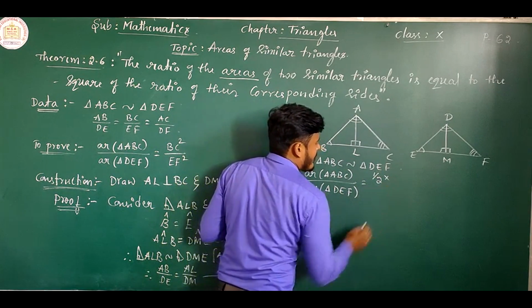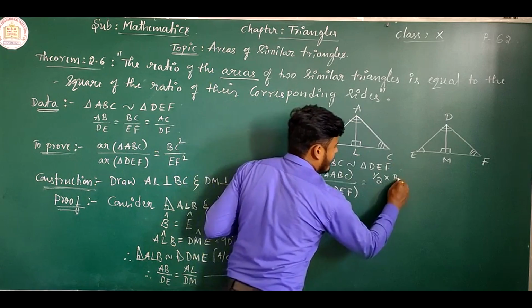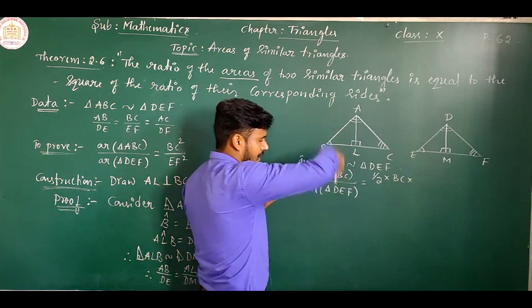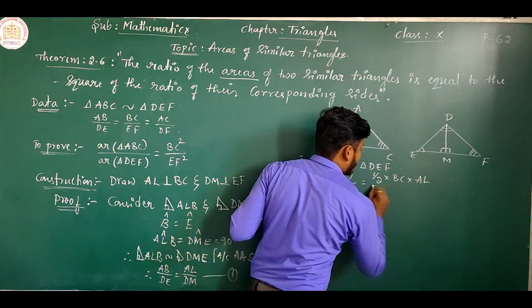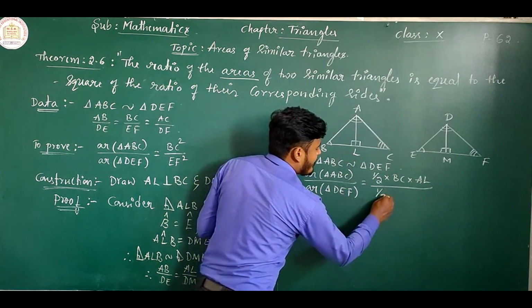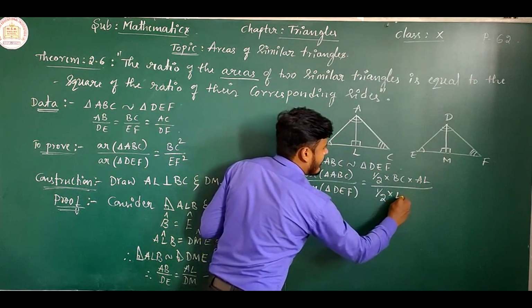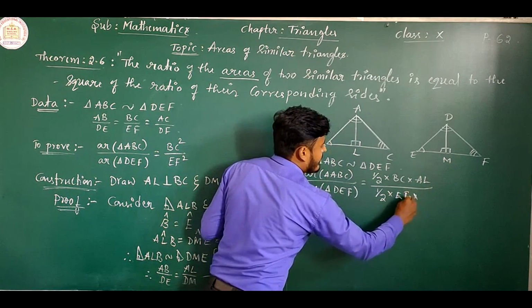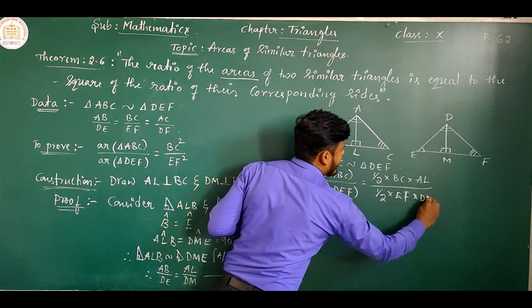Half into base BC into height AL, because AL is the altitude, divided by, here also you just write down the formula, half into, so what about the base of the second triangle? EF into height DM.